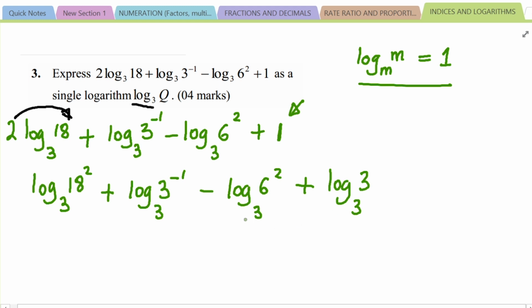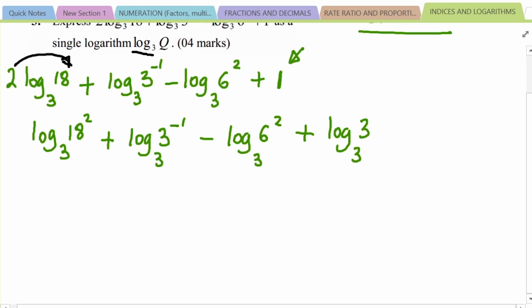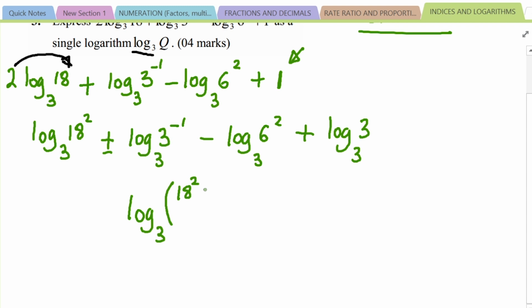Since everything is now log base 3, it's the same log, so we shall maintain that log. We shall say log, let's write the base right there, then we start manipulating the things in here. So that is 18 squared. Since we have a plus here, we shall multiply here, times 3 to the power negative 1.